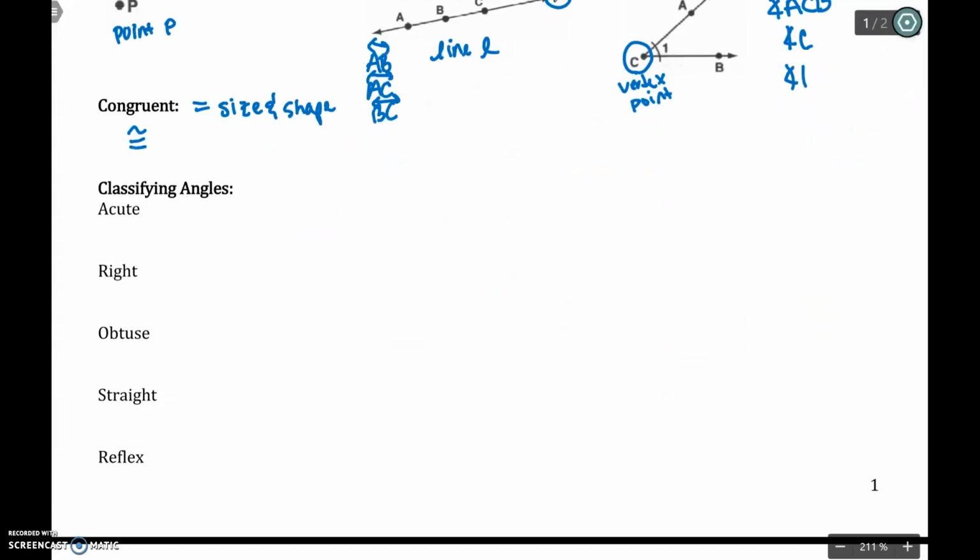Okay. Now we have different types of angles, so if you can remember some of these from previous classes in math, acute angles, they have a measure that is between 0 degrees and 90 degrees, and the M refers to the measure. A right angle, the measure equals 90 degrees.